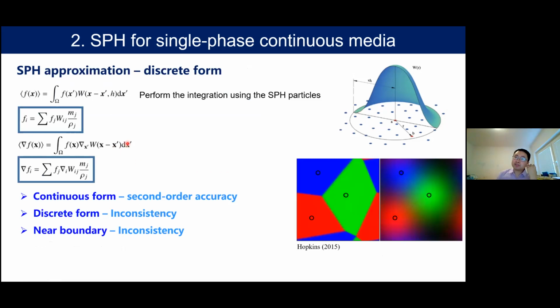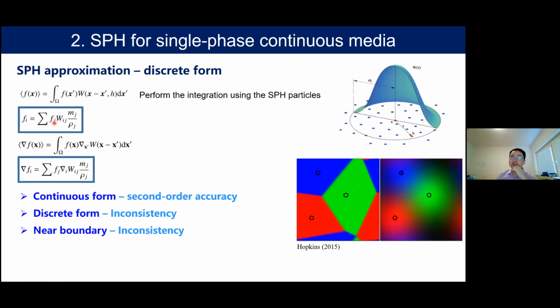In SPH, we just use the SPH approximation, or we call it discrete SPH approximation, which means that for all the points in your support domain, we assign a volume. The volume is just its mass divided by its density, and for each particle, we sum its contribution in this integration. Then we get this. So the integration here is transferred into a summation.